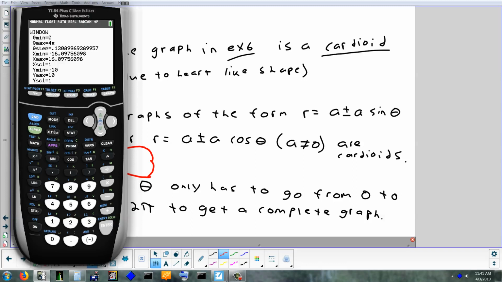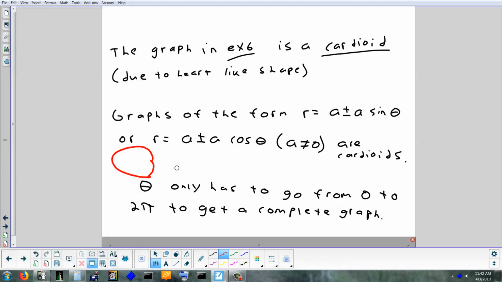We did that with parametric. If you go 0 to 4 pi, you might not be able to see it because it's small, but it did trace over itself. If I zoomed in, you could see it. So 0 to 2 pi, that's all you need.